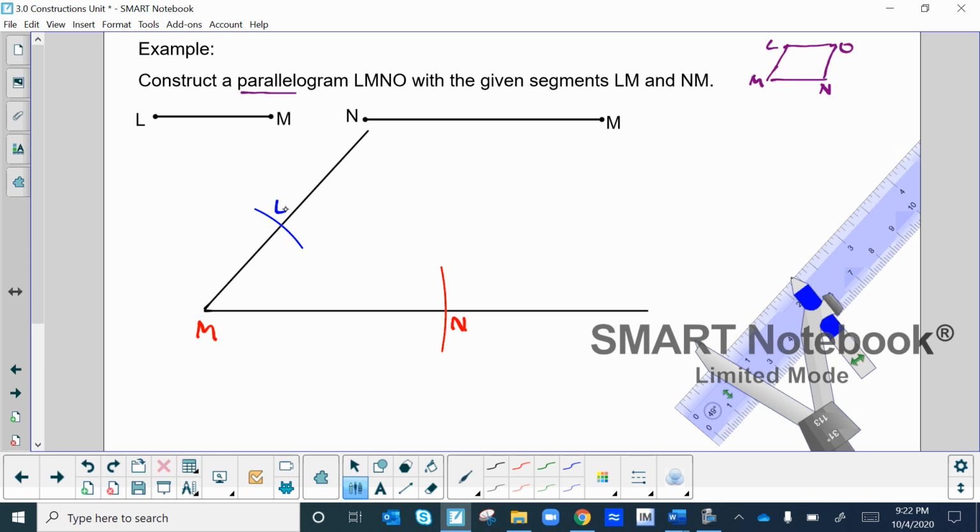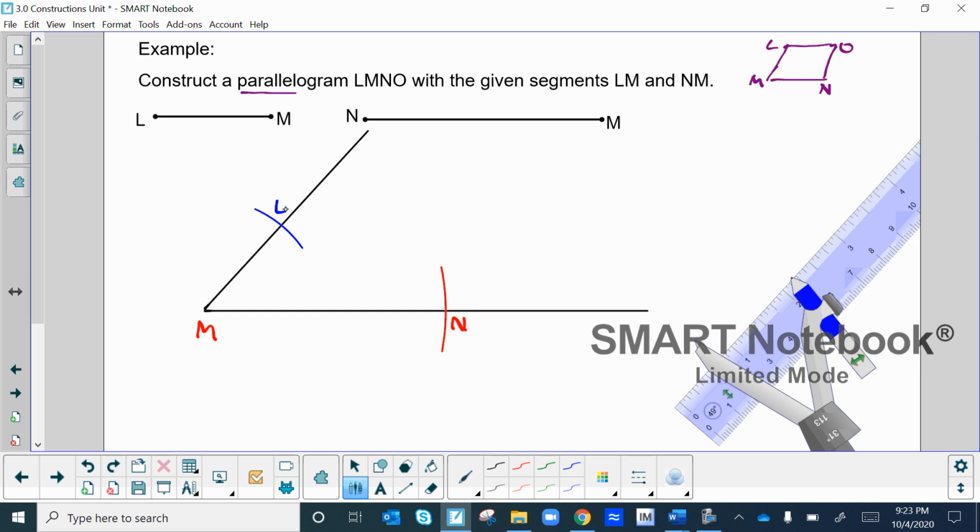Okay, so at this point right here, there's different things that you can do, okay? We have to have a set of parallel lines, so I'm going to show you one way on how you can get this done. And then I'm going to show you a different way after the fact if you have a great memory of properties of a parallelogram, okay? So there's different things that you can do. So I'm going to continue this way. I can make a parallel line.